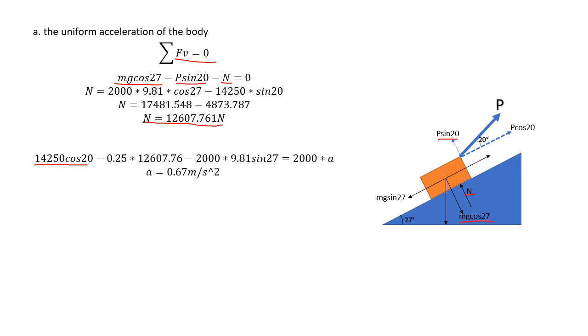This bit here would be P cosine 20, and this bit would be the friction force, mu times N, and this bit would be the weight of the body pulling it down the hill. That equals mass times acceleration, and from there we solve for acceleration, which is 0.67, going up the hill slowly.